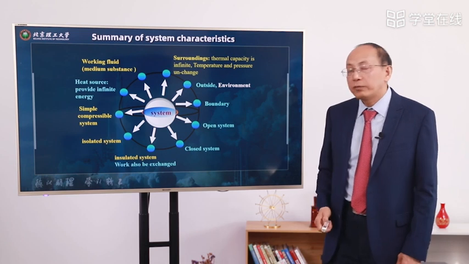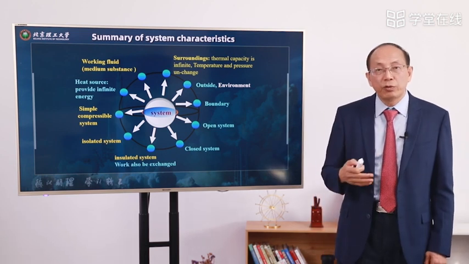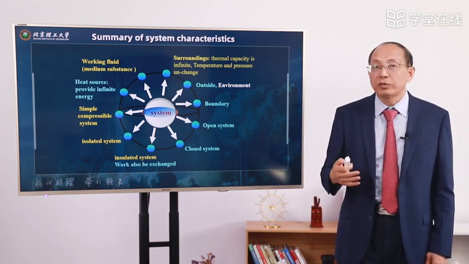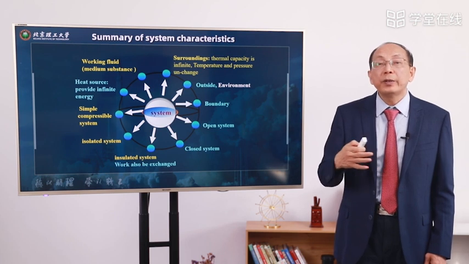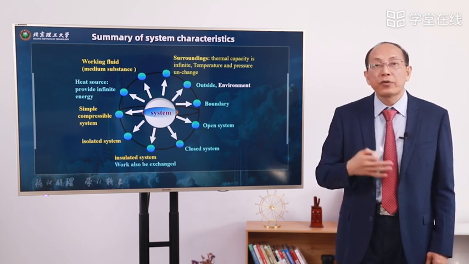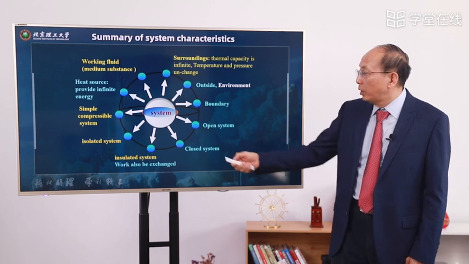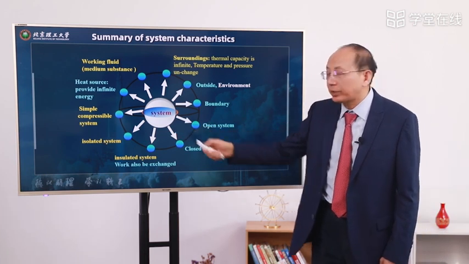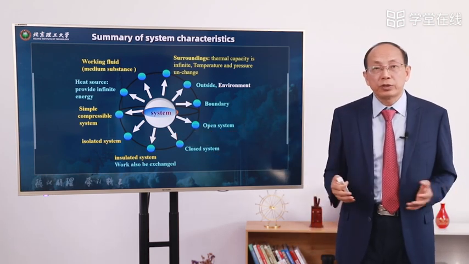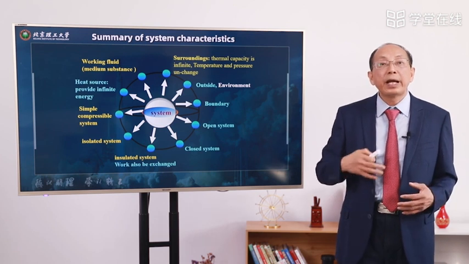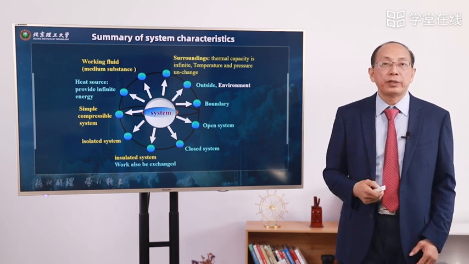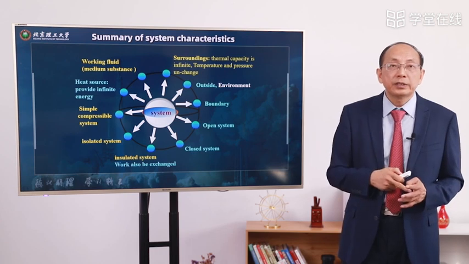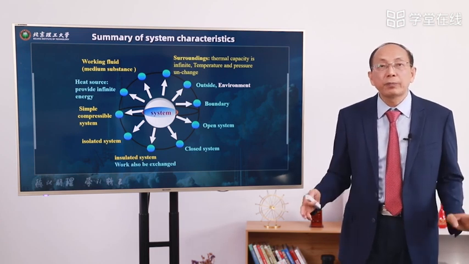In an insulated system, no heat transfers across the boundary, but maybe some work passes through the boundary. The isolated system is very special. Nothing can pass through the boundary. Heat and mass cannot pass through the boundary.